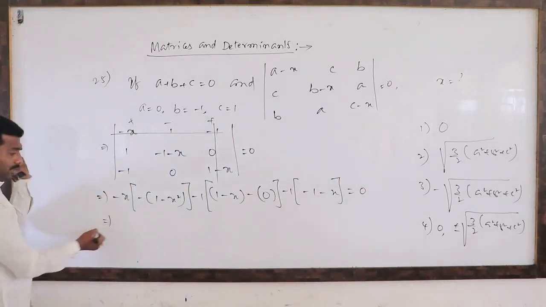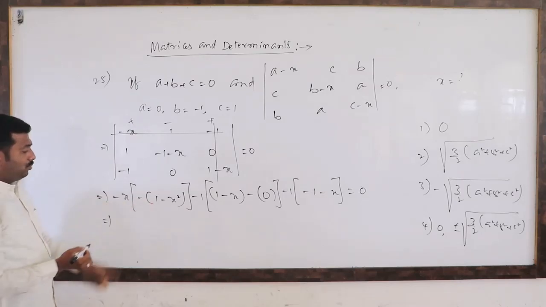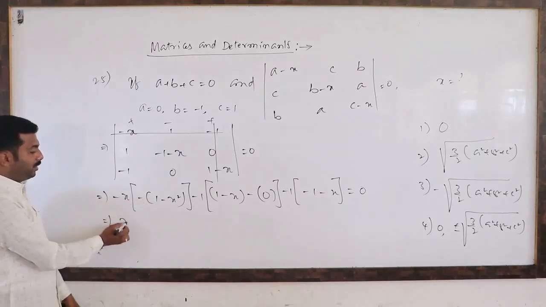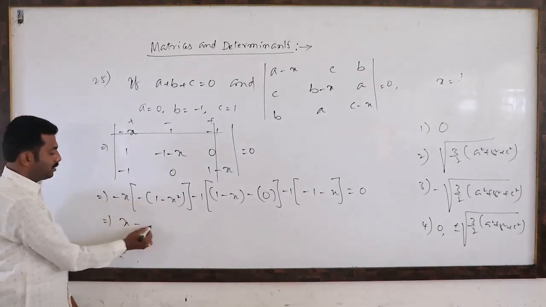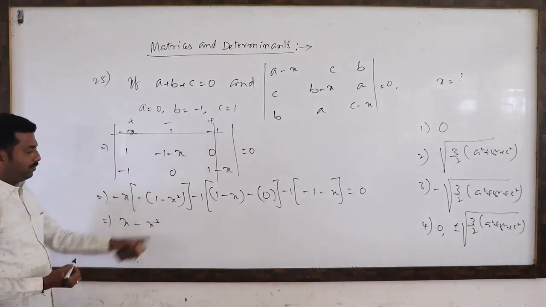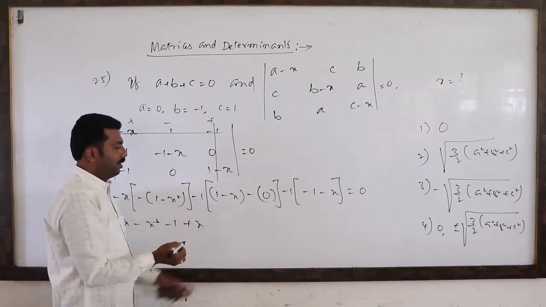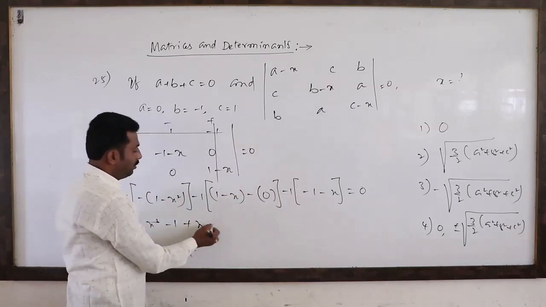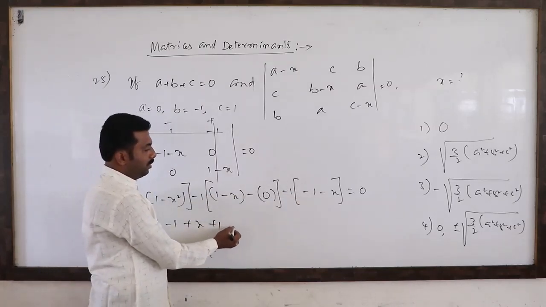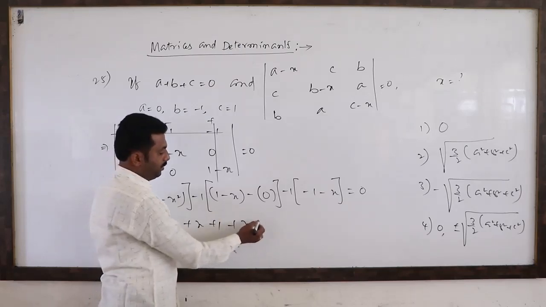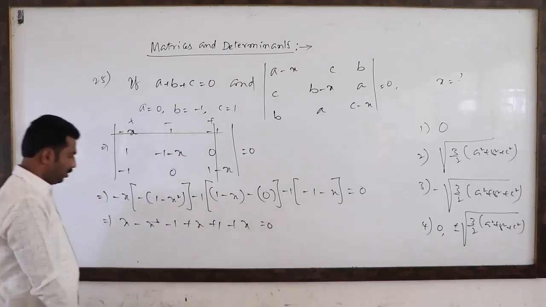So finally we'll see minus x into, this is minus means x minus x cubed minus 1 plus x minus of minus 1 plus 1 plus x equal to 0.